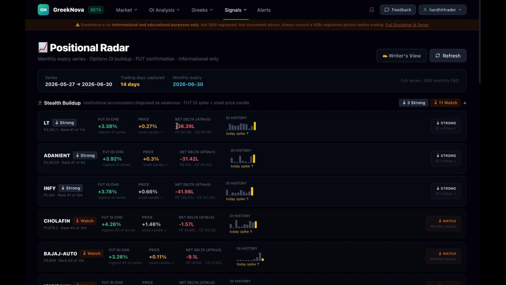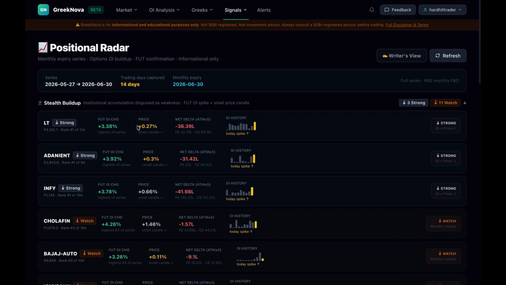So I'll keep a watch on these two stocks because they have a very low price movement. They are highlighted in yellow. There are other stocks also, but there the OI would be lesser. They are showing a ranking of strong because the OI bar of today, which is yellow, has spiked compared to previous days.